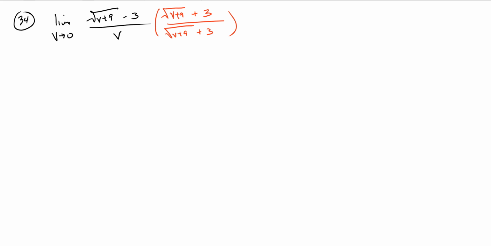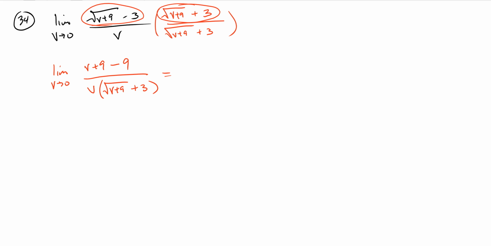When I do that, these two binomials up here, when they multiply together, there's a difference of squares. So I'm left with the limit as v goes to 0 of, we're just going to square the first term, square the back term. So squaring the first term gives me just v plus 9 because those cancel out, and squaring the back term gives me a negative 9, and that's all over v times the quantity square root of v plus 9 plus 3.